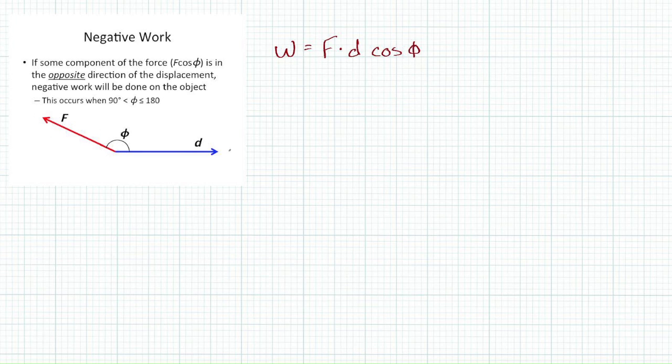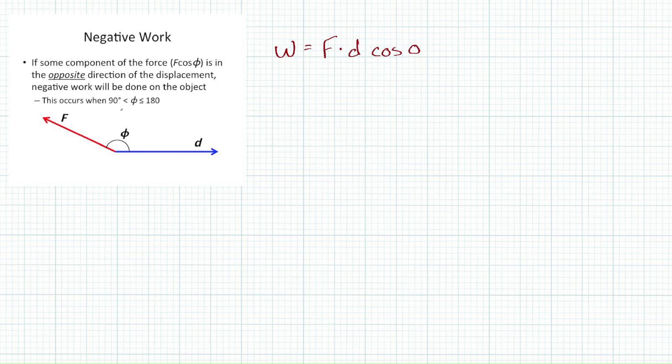But regardless, this is the angle between the force and the displacement. The other possible angle would be this angle right here, which we're not going to measure. Phi is always the smaller angle between the force and the displacement.